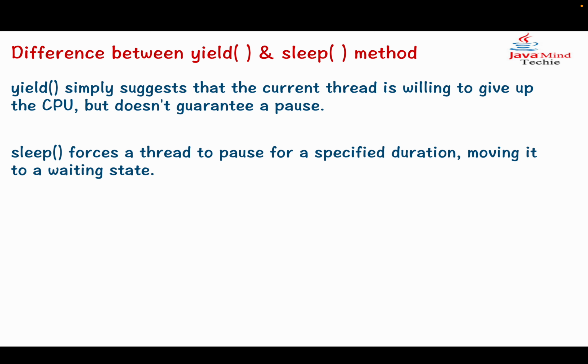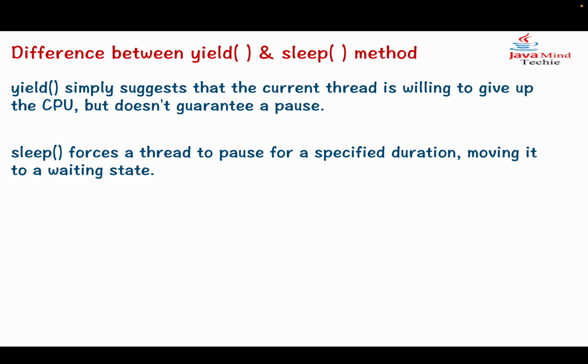Then the next point, which is also most important from an interview point of view. Sometimes they may ask what is the exact difference between yield and sleep method in multi-threading. The yield method, already explained a couple of times, suggests that the current thread is willing to give up. That means it can stop and will give a chance to another thread for its execution.